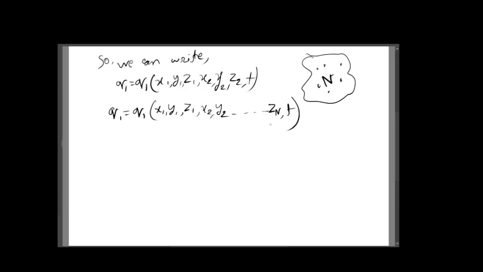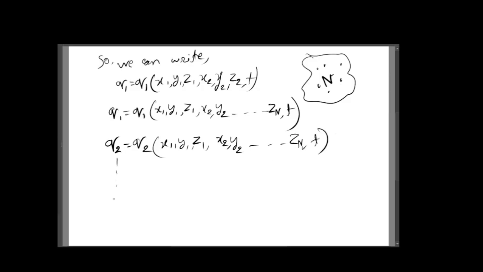Then other components of the generalized coordinate system can be written like q2 is equal to q2 of x1, y1, z1, x2, y2, dot dot, zn and t.